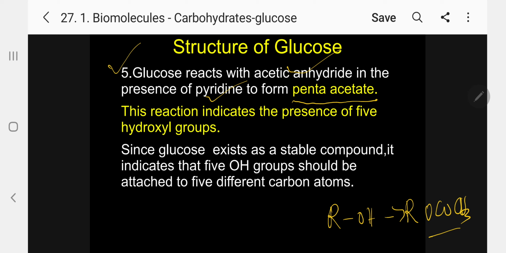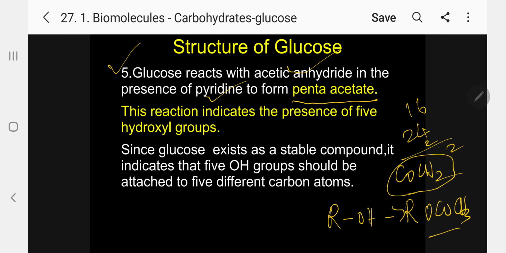So actually what is happening? COCH2 will be added extra. So if you calculate the formula, 2 carbon is 24, oxygen 16, this is 42. So there is a 42 molecular weight increase for one OH group. So if pentaacetate forms, you take the molecular weight of glucose, and after acetylation, again you get the molecular weight.